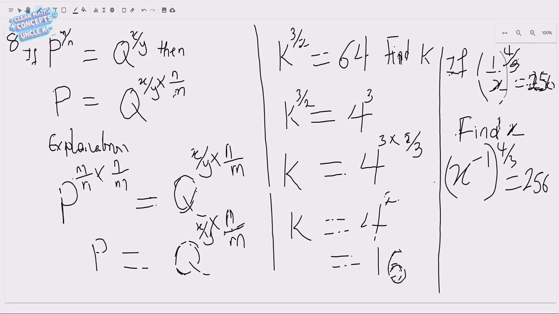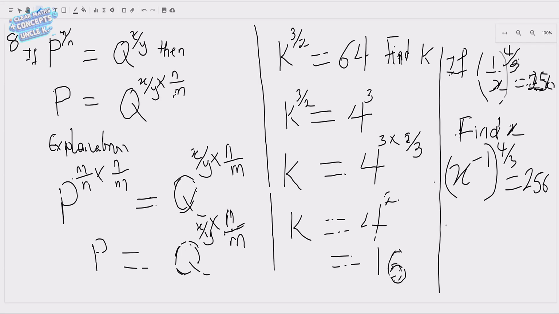You should remember the law: when you have a power of minus 1, it is 1 over. For each of these laws, the converse is also the case. It's not just a one-way thing; it can go forward and backward.